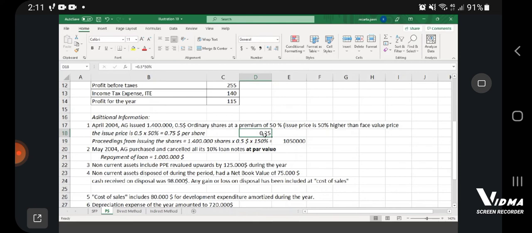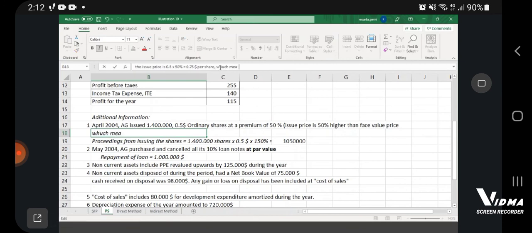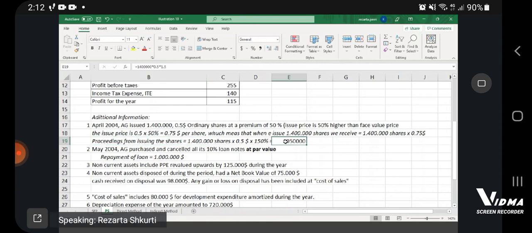The normal price is 0.5 plus the premium of 50%, 0.25. The issue price of these shares is $0.75 per share, which means that when we issue 1,400,000 shares, we collect or we receive how much money? 1,400,000 shares multiplied by $0.75 per share. And if you make the calculations, you will find that we receive 1,050,000.